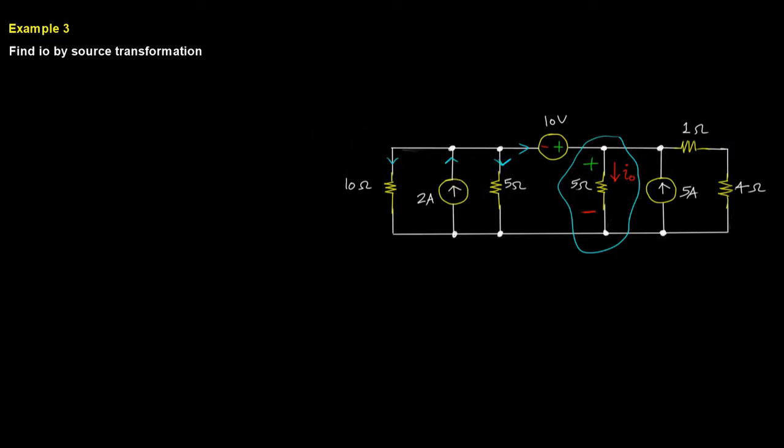Let's think about it. Would it change anything? Would the IV characteristics change at these terminals if I swap these guys around, the resistors and the current source? Would any of that change? Well, if you think about it, no, because if you disconnect everything here and you swap these guys around, the currents will move in whichever way they should, because all these elements are in parallel.